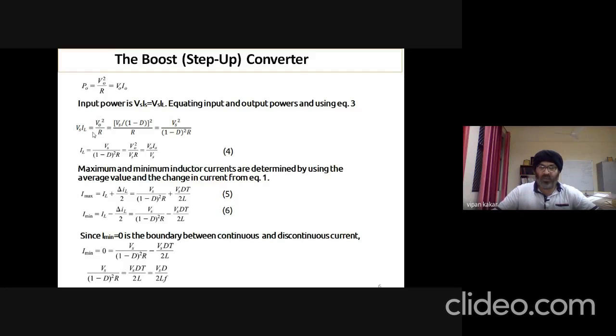Equating these two, we get Vs squared, the input voltage squared, divided by (1 minus D) squared times R. From here, we can easily find the value of the inductor current.